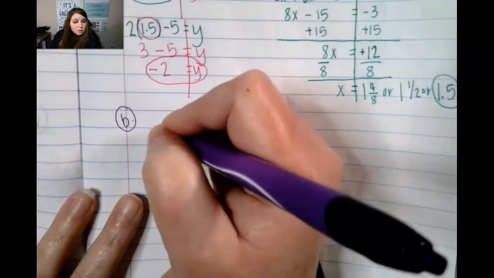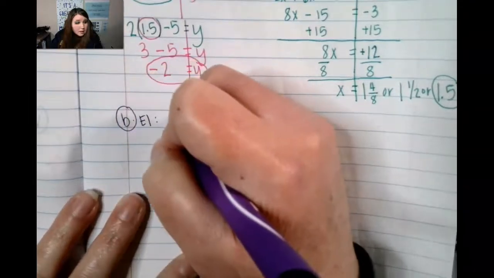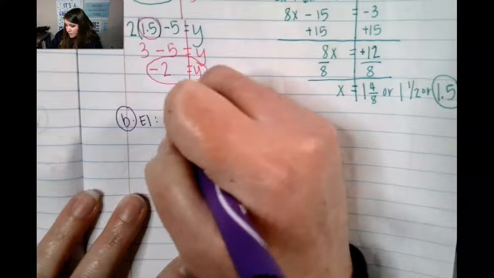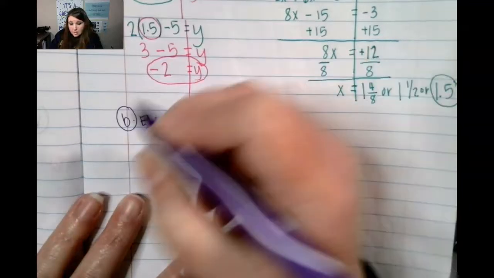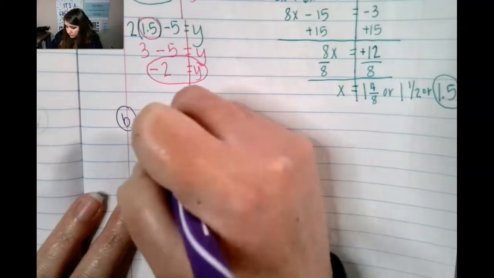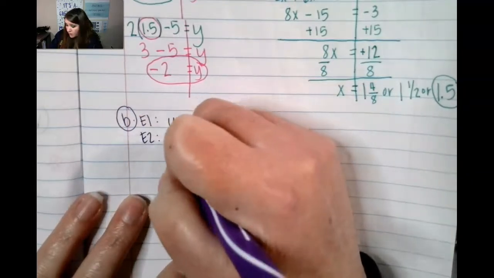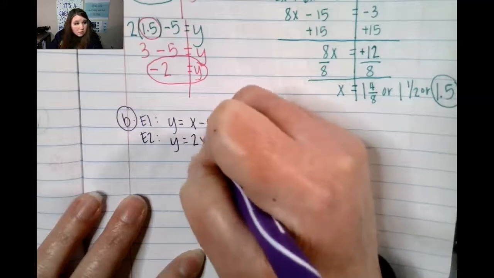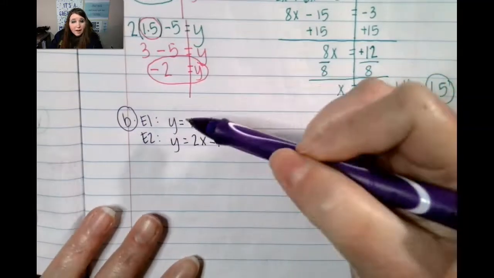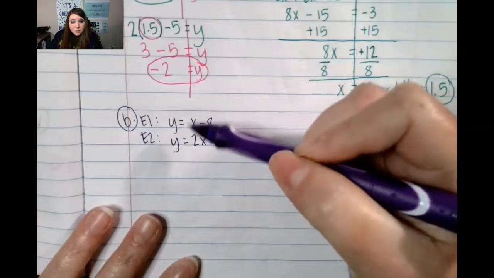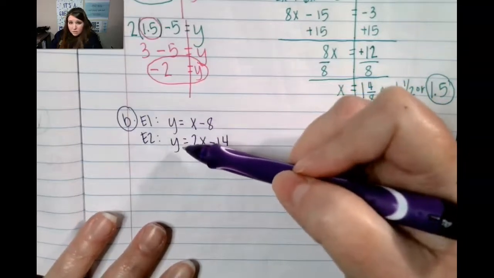Okay, so equation 1 is y equals x minus 8, and equation 2 says y equals 2x minus 14. Okay, so we don't have anything that's weird here. The only thing that's weird is that it's a y equals and a y equals.